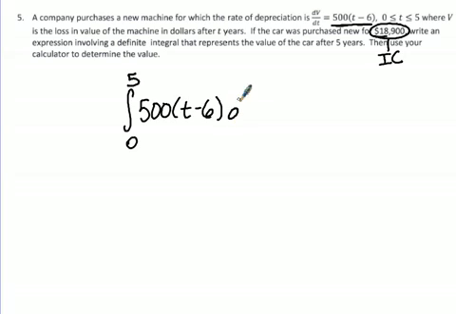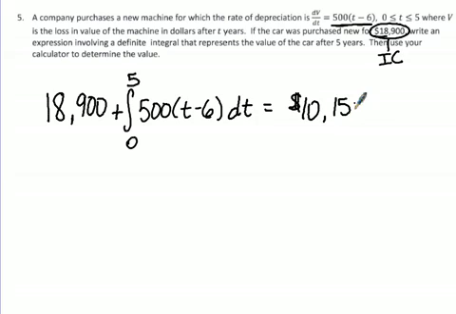If I put that in my calculator, it's going to give me a negative number which shows the depreciation in value. I need to add to that my initial condition of $18,900. And so if you put this whole expression into your calculator, it's going to give you a value after 5 years of $10,150.